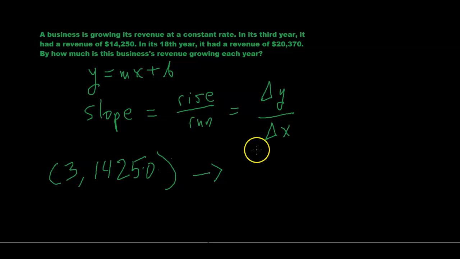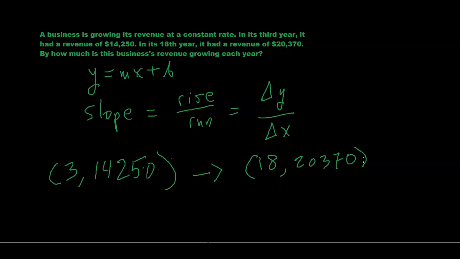The other data point has the x coordinate 18, for the 18th year, and the y coordinate 20,370, because there's a revenue of $20,370 in the 18th year.